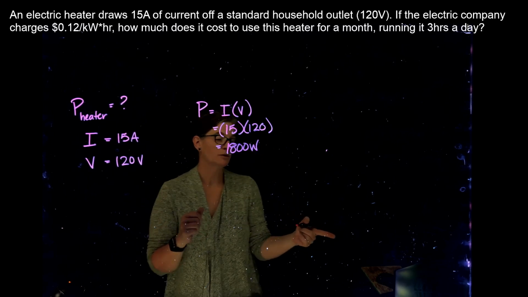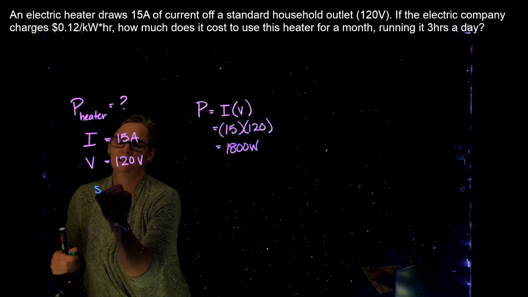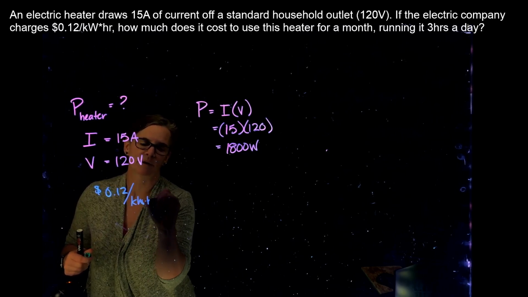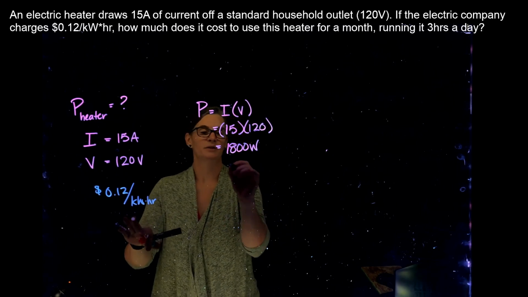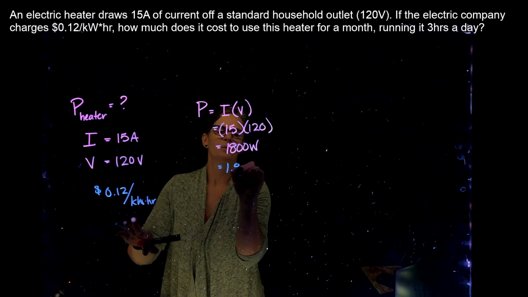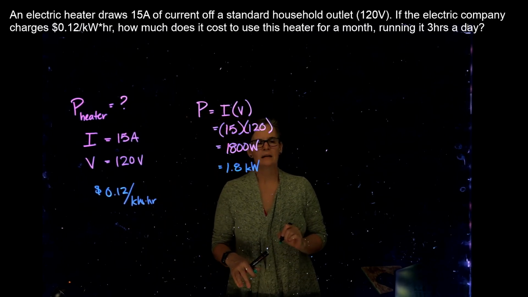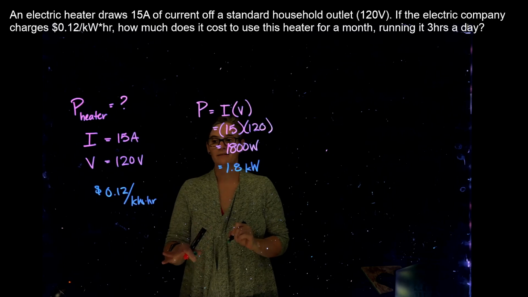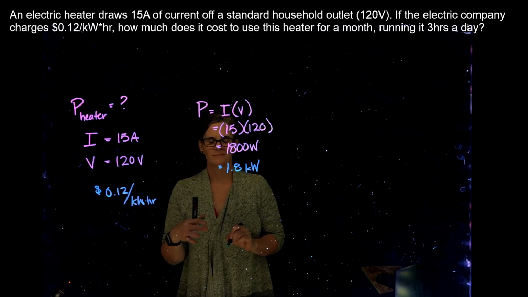Now we'll notice that the rate that the electric company charges is 12 cents per kilowatt hour. So let's put this in kilowatts so that we can get into a consistent unit, 1.8 kilowatts. All right, we want to know how much money it's going to cost me to run that heater every day for a month, 3 hours a day.